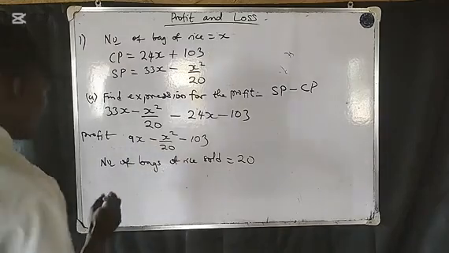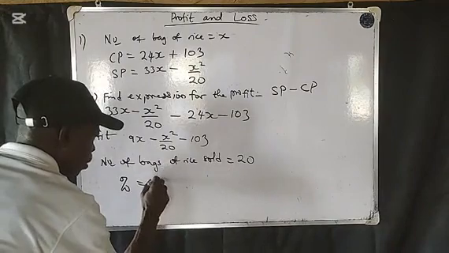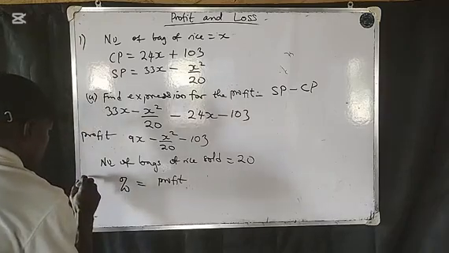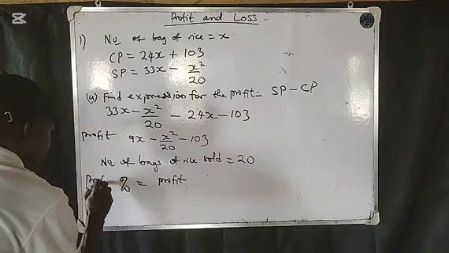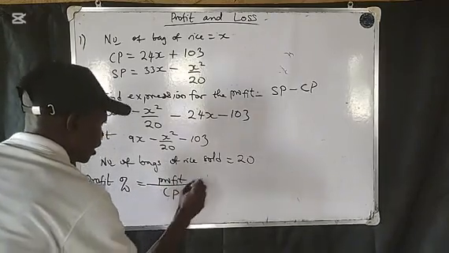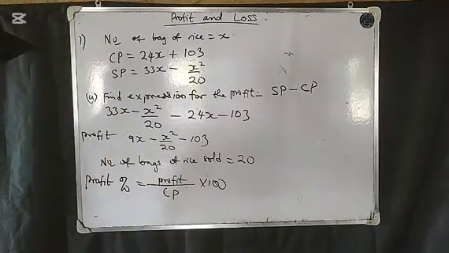Okay. Percentage profit now will be SP minus CP, or profit, right? Profit percentage will be profit over CP times what? 100. Our profit is already known.